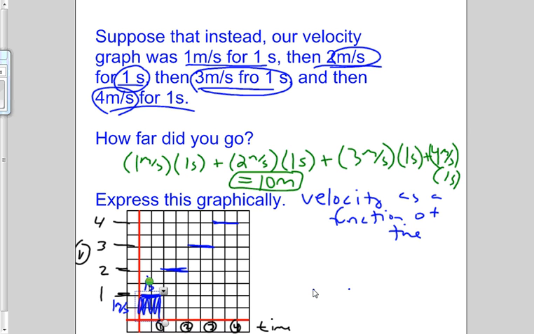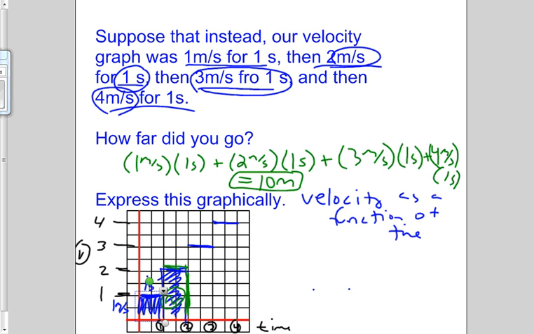Then from 1 to 2 seconds, I'm going 2 meters per second, so the area underneath that curve represents 2 meters per second for 1 second, and that area is 2.